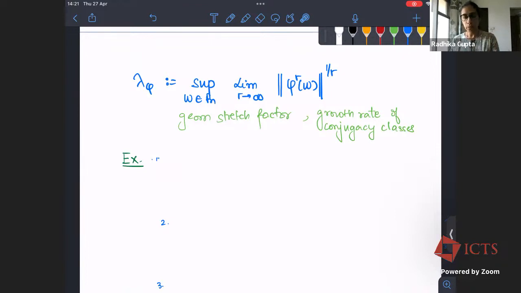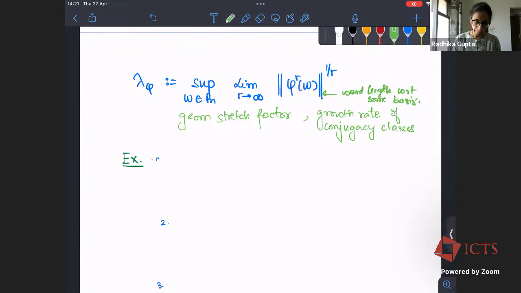I want to associate two numbers to it again, similar to the surface homeomorphism setting. So the first number I associate is basically, let's do it step by step. I look at a word in my free group. I apply my automorphism to it. I look at high powers of the automorphism applied to the word, and I count word length with respect to some basis.